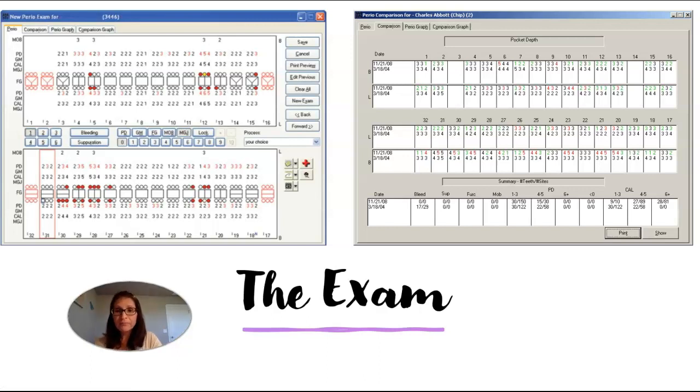Aside from pocket depths and mobility, they're also going to be checking the bleeding index, which is scored as well, depending on what's going on with the bleeding.